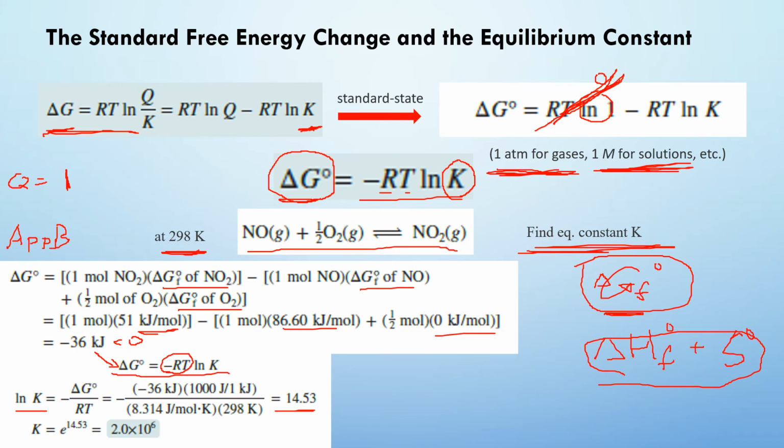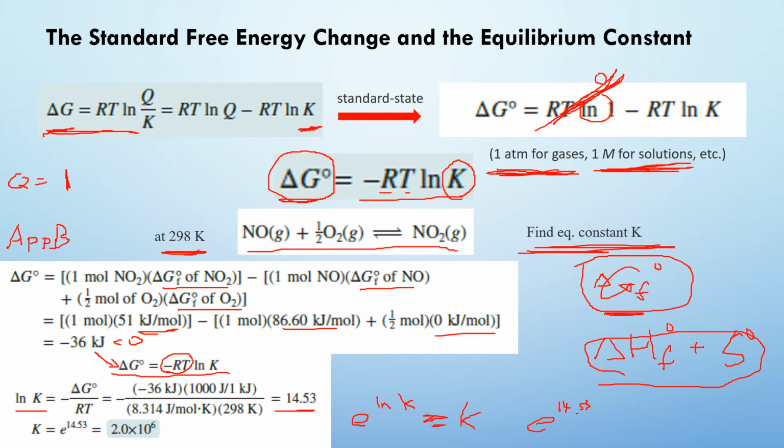To get K, you take e to the exponent on both sides. So on the left hand side, you have e to the natural log of K, which is basically equal to K. On the right hand side, you have e to the 14.53.